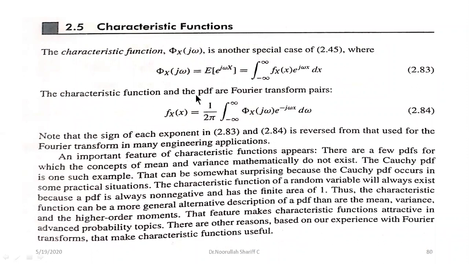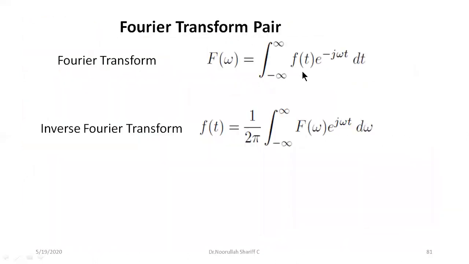So the characteristic function and the PDF just form a Fourier transform pair. Now it's very important to consider that equations 2.83 and 2.84 are different from the Fourier transform in the sense that only the sign of omega gets reversed. The Fourier transform pair looks like this: F of omega is equal to the integral from minus infinity to plus infinity of f of t e to the power of minus j omega t dt.